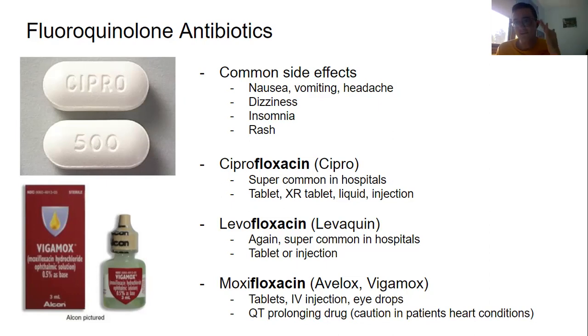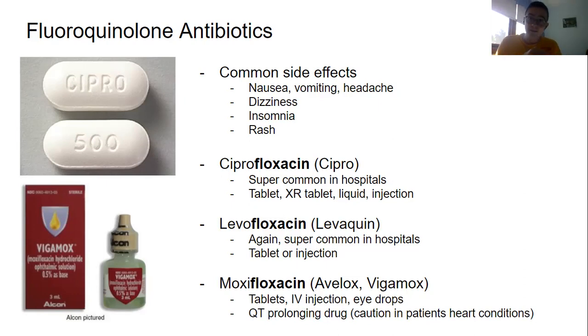There's this thing called the QT interval, which, if you want to look at the arrhythmias lecture, which I'm going to get to posting, I'll have more information on that. Basically, your QT interval is a measure of how your heart is supposed to be beating.